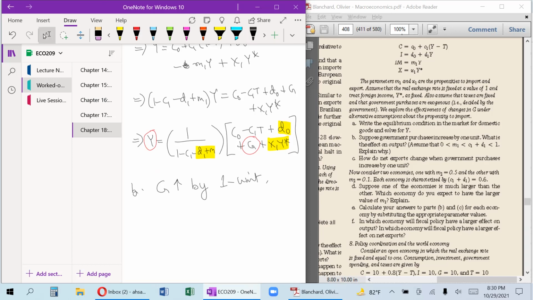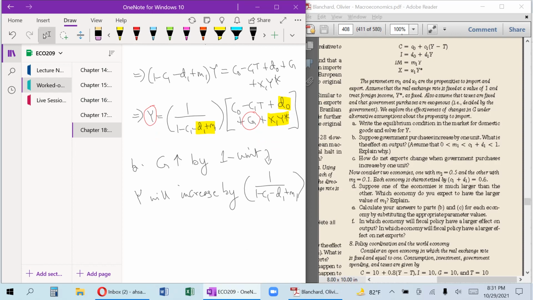If G goes up by 1 unit, Y will increase by how much? By the multiplier amount, right? So by 1 divided by (1 minus C1 minus D1 plus M1). By this much. And that's really it.